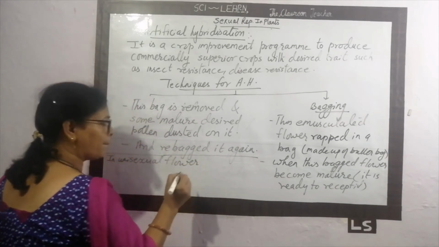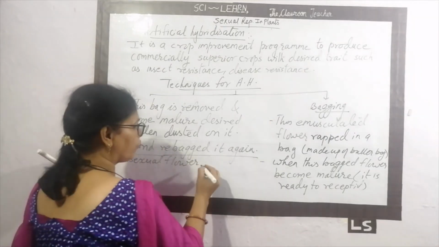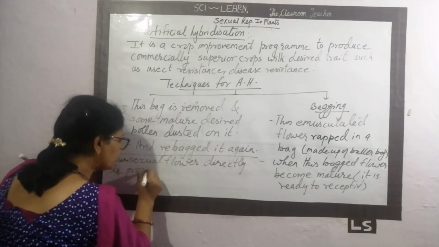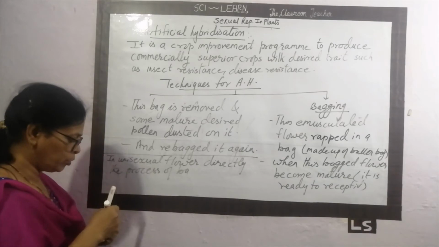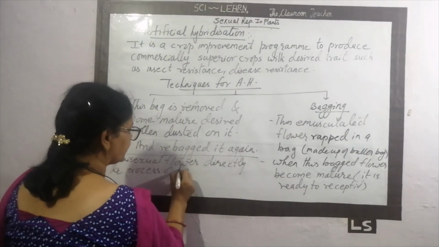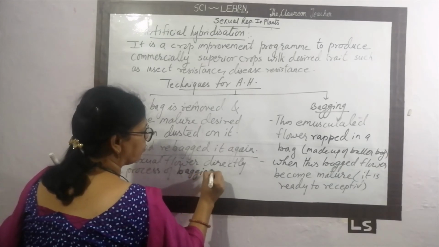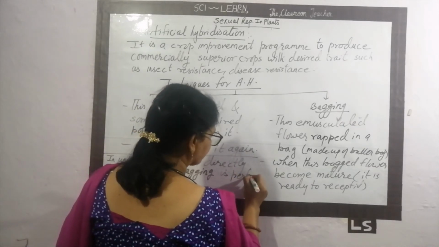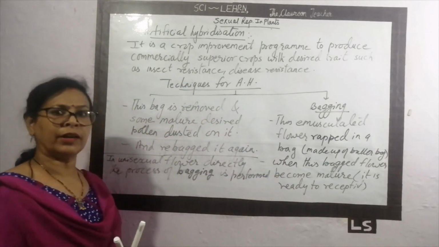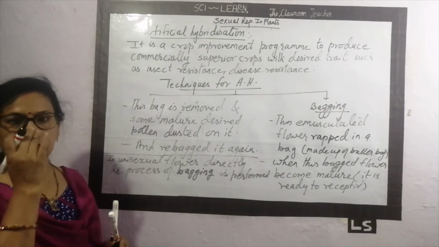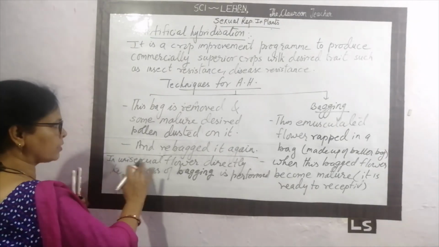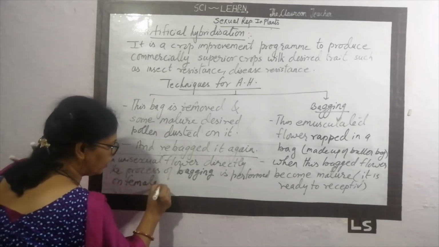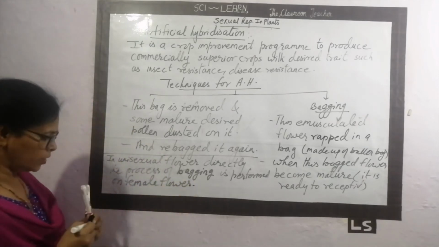Only bagging is needed: the process of bagging is performed directly on the female flower. It means the emasculation process does not occur.